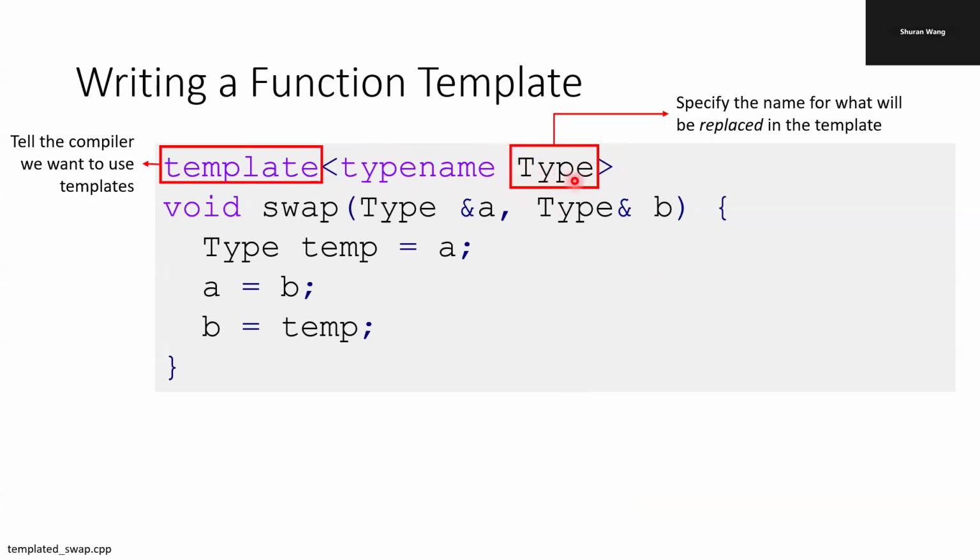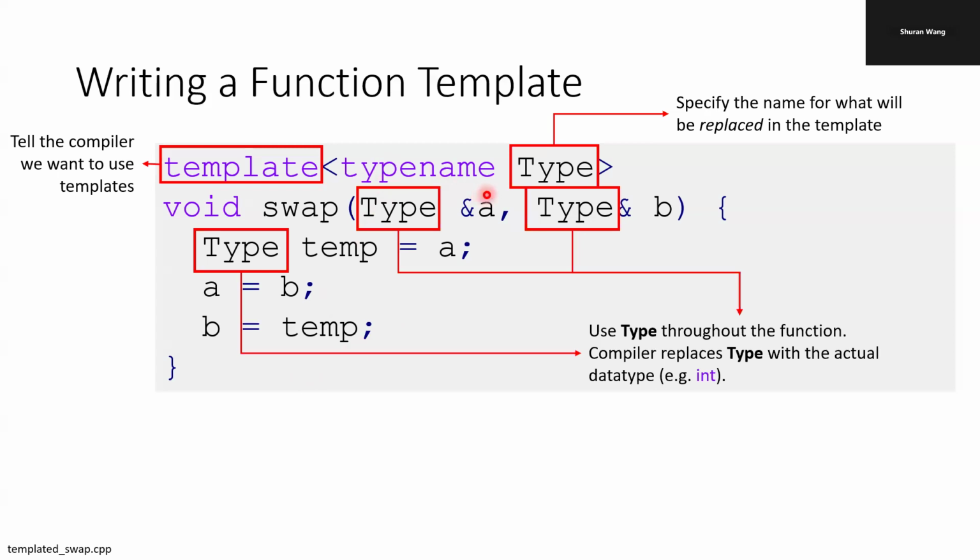This is a name that you give to the actual type that you're using. Afterwards, you write the code and the compiler will search through the function being templated and replace all types with the actual type that's being called.